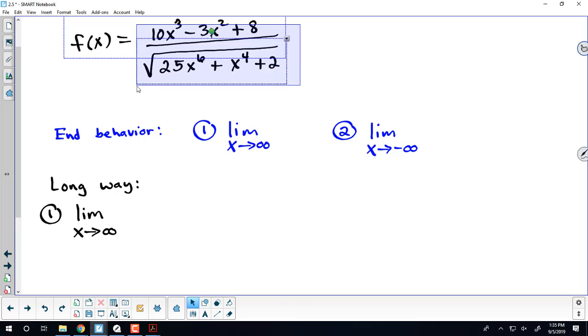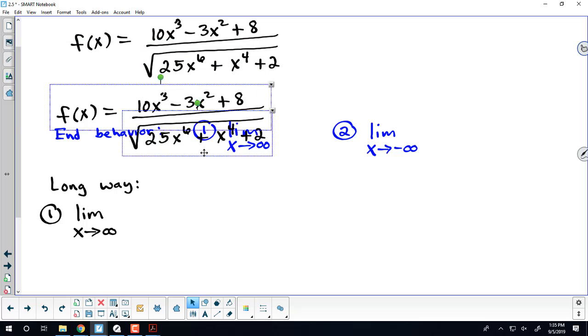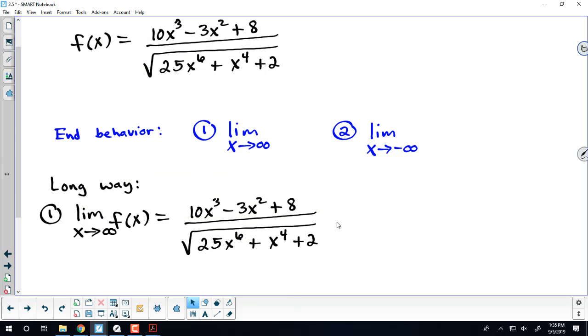Let's see if this works. I'm just trying to cheat. I wish I had copied and pasted on this paper. Work smarter, not harder.